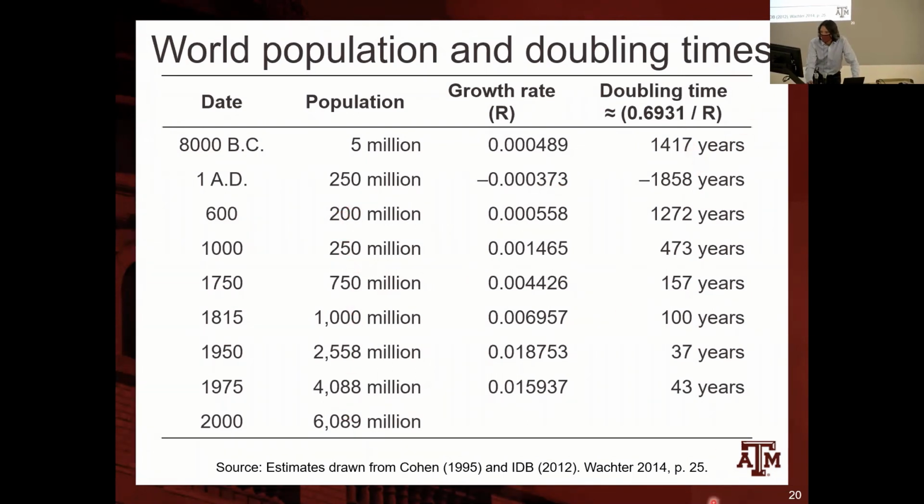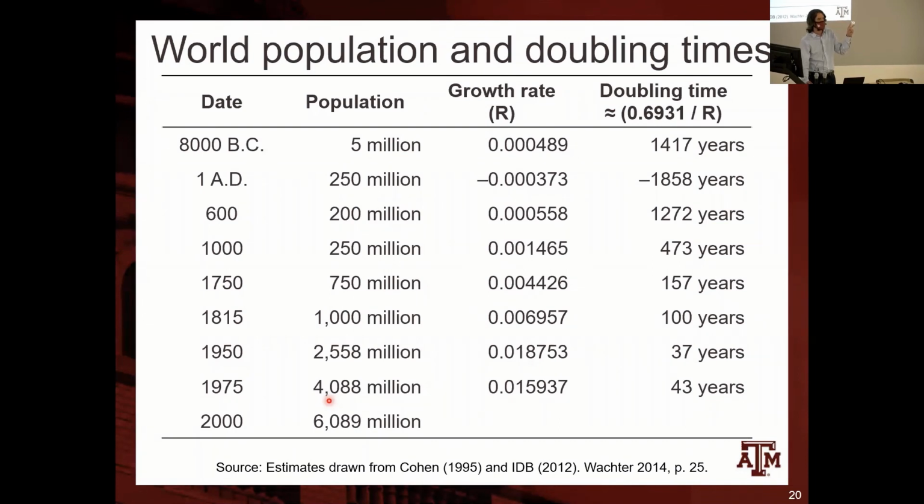Why is this last column interesting? Why is it important? Because look, in 1815, the population was around 1 billion people in the world. How many years would it take for the population to be 2 billion? 100 years. And then in 1975, the population was around 4.1 billion.